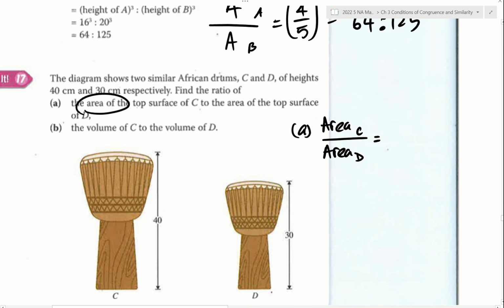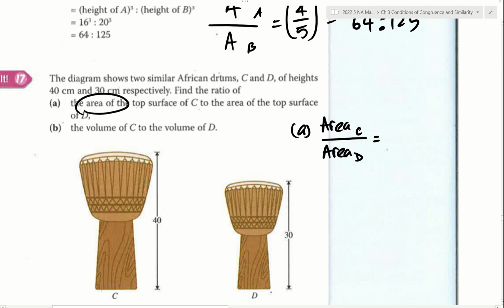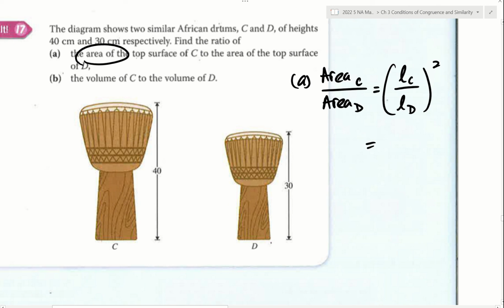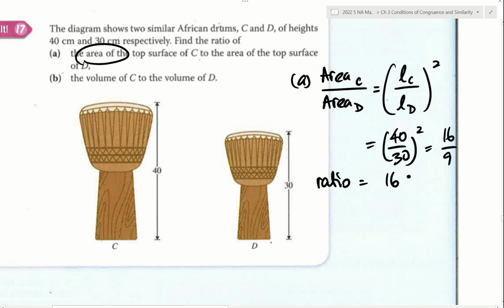It has to be the ratio of sides squared. It has to look like this. So the length of C over the length of D. Which length do I have? I only have one. So 40 over 30 is squared, you get 16 over 9. So since they wanted ratio, equals to 16 to 9.